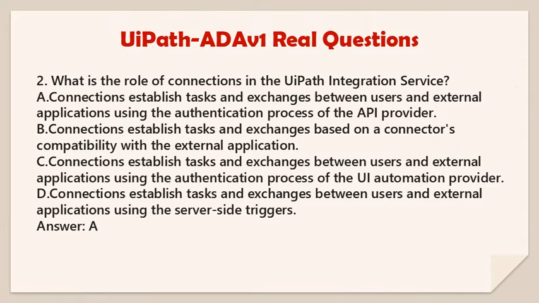C. Connections establish tasks and exchanges between users and external applications using the authentication process of the UI automation provider. D. Connections establish tasks and exchanges between users and external applications using the server-side triggers. Answer: A.